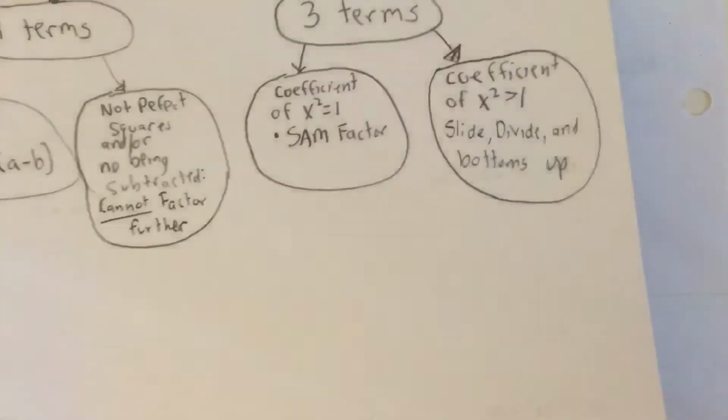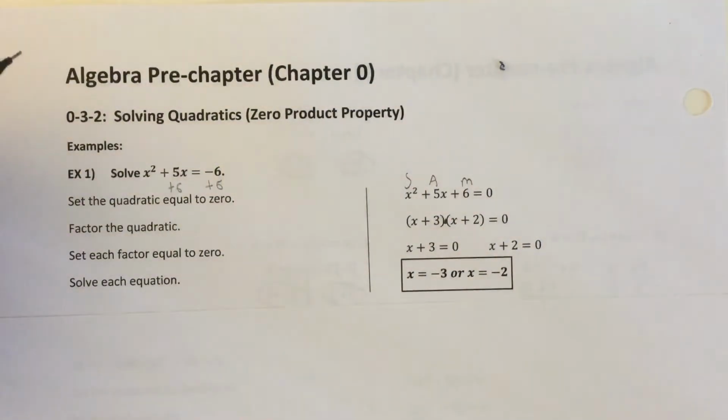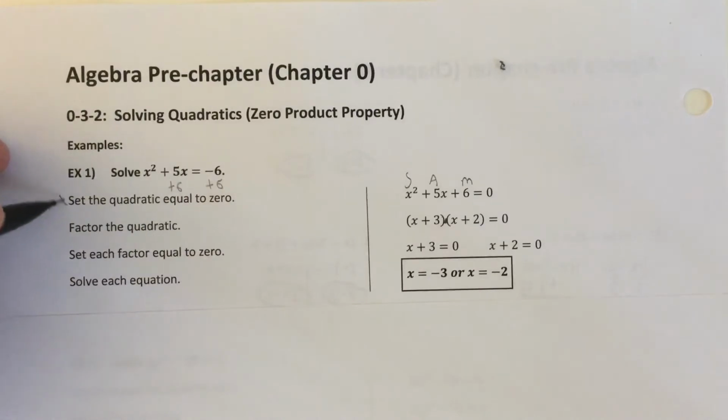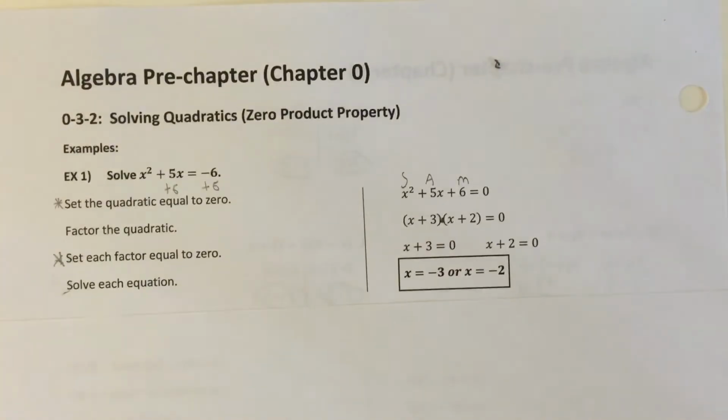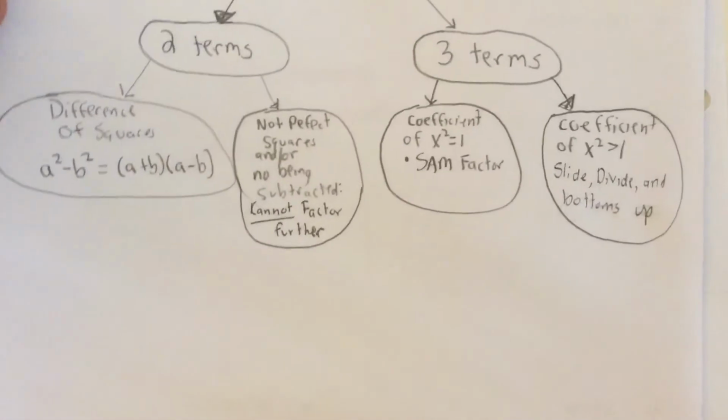So we're going to add to our flow chart. Really the only 2 steps that are different is we have to make sure it's set equal to 0. That was a new step. And this, where you set each factor equal to 0. That was a new step. So we're going to go back to our flow chart, and this is our last step.